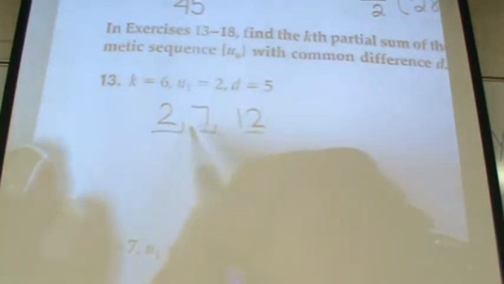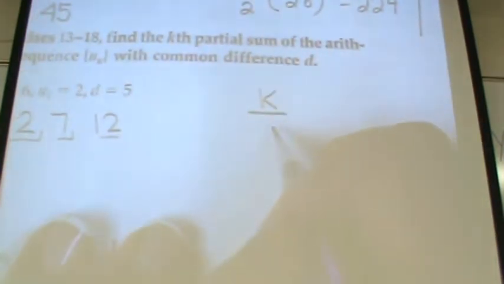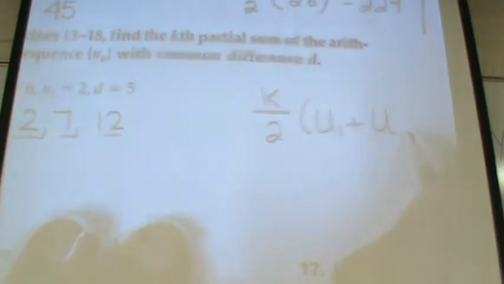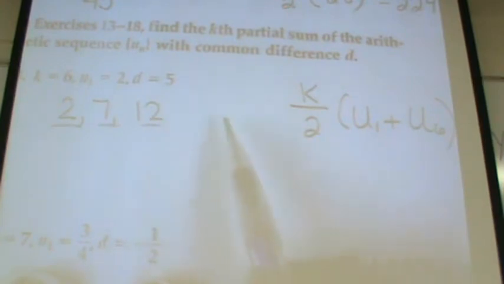Now you can obviously do this, there's only 3 more, and add them together, or you can use the formula K over 2, and then the first term plus the 6th term that you'd be adding. This one would probably be easiest to do the quick way, but if you kept this pattern going, you would see that the 6th term is 27.